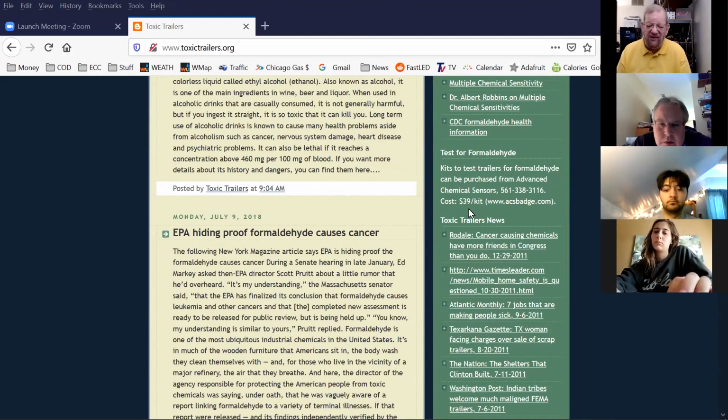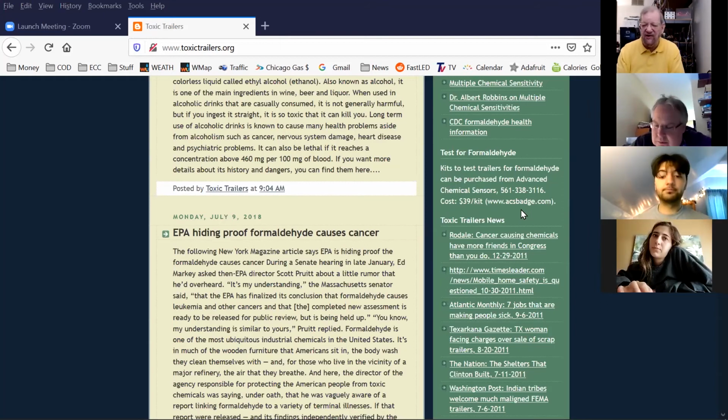It's $39, maybe a little higher now. They send you a kit with a badge. You put it in a room for 24 hours, then send it back in the mailer they give you. You can choose US mail or email for the results, and they'll let you know whether it is hazardous in that room.